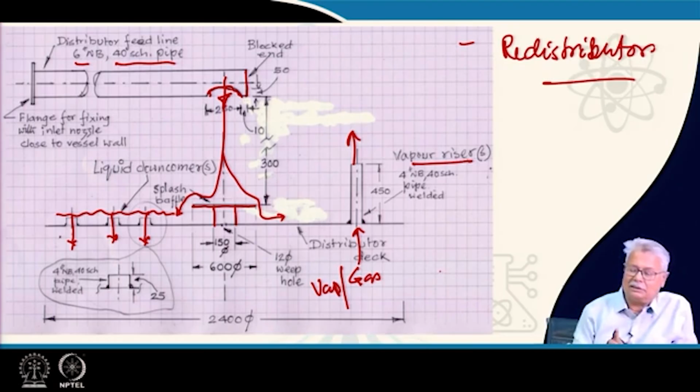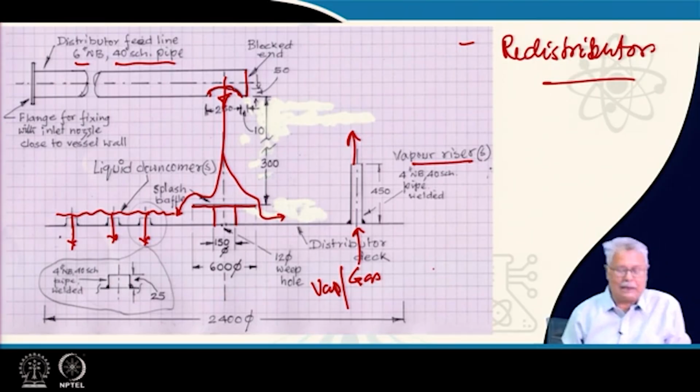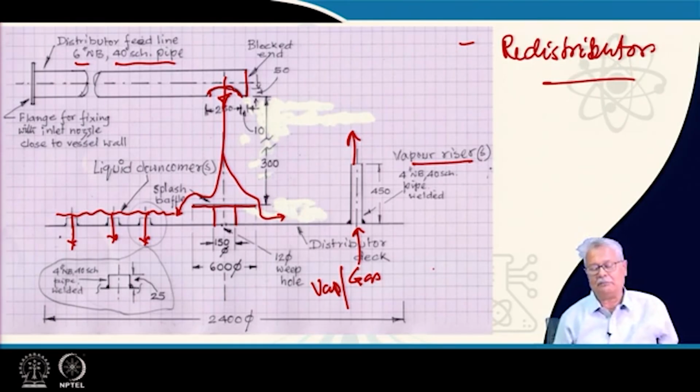If you look at the dimensions which are provided on this, these are typical suggested dimensions which are used in industry, and if you have to design one, you can have your own numbers and decisions accordingly.